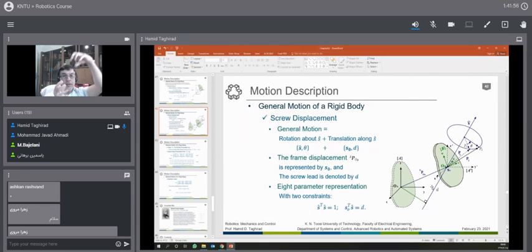This up and down is this D, the pitch here. How much it goes up and down depends on the pitch of the screw. Some screws have very large pitch. If you rotate it one turn, it goes maybe 3 millimeters. Some of them are very fine. So if you rotate them, it goes only very little. And this is the D that we call it here.